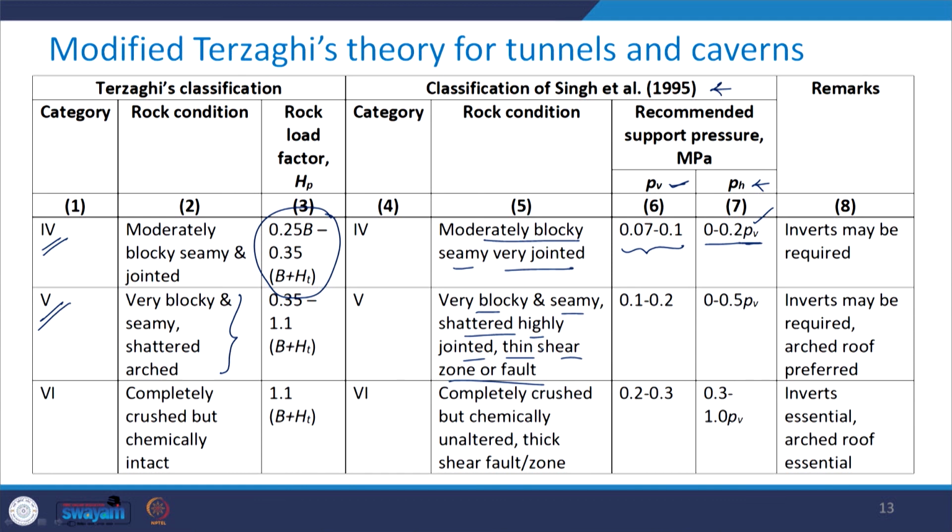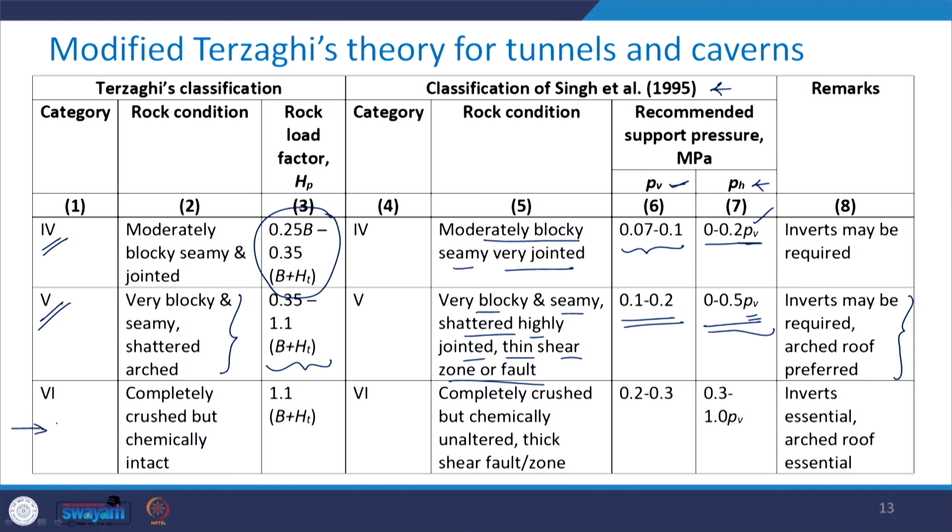And you have the rock load factor value, and as compared to this, you have the classification of Singh et al. Then you have PV as 0.1 to 0.2 megapascal, and for PH it is 0 to 0.5 times PV. In this case, inverts may be required, and arched roofs are preferred.